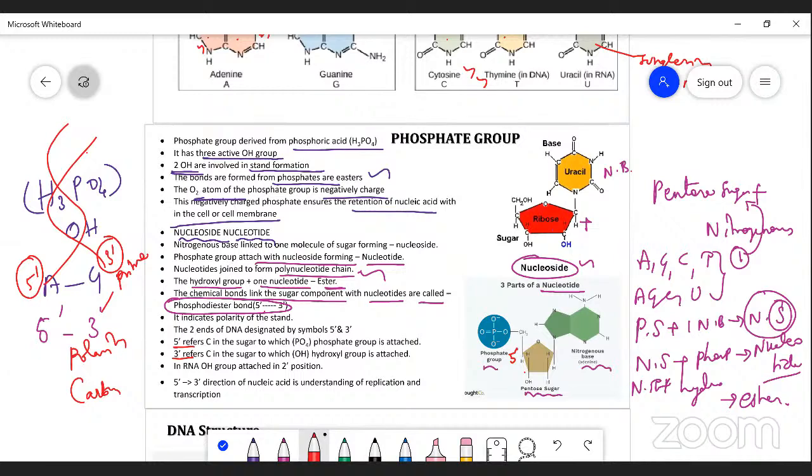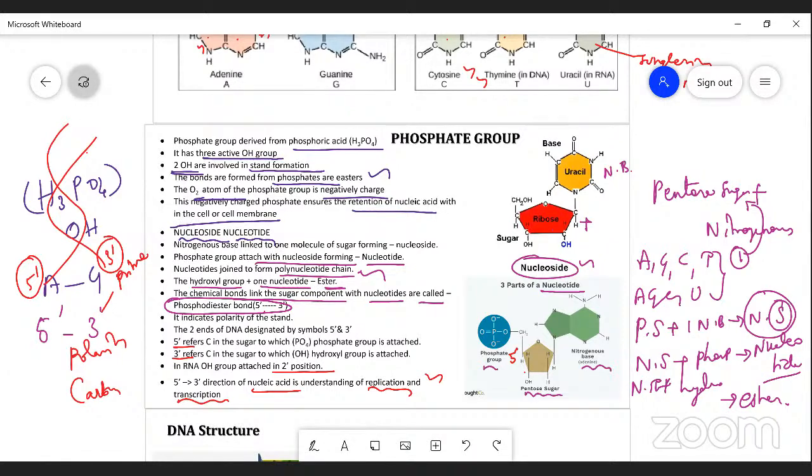The 5' and 3' direction of the nucleic acid is important for understanding replication as well as transcription. One word, so remember it. So this is about the phosphate group.